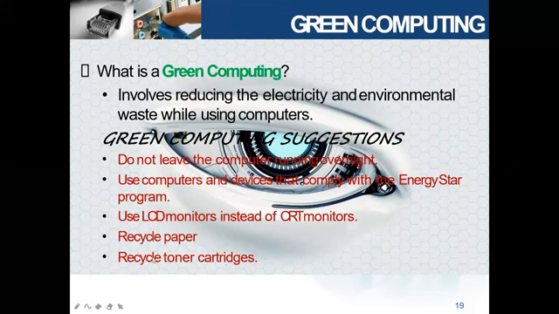Toner cartridges are the printer cartridges used for printing paper as a hard copy. You can recycle those toner cartridges, and you can recycle your paper. You should use LCD monitors and less energy consuming devices, and do not leave the computer running overnight.